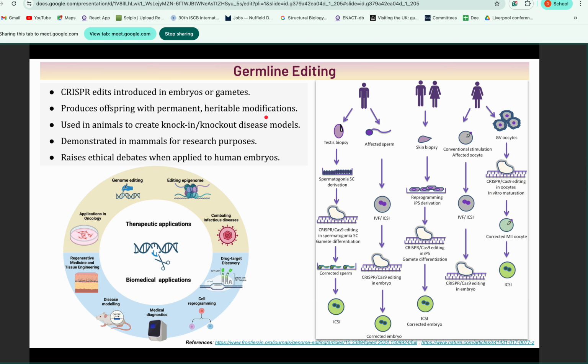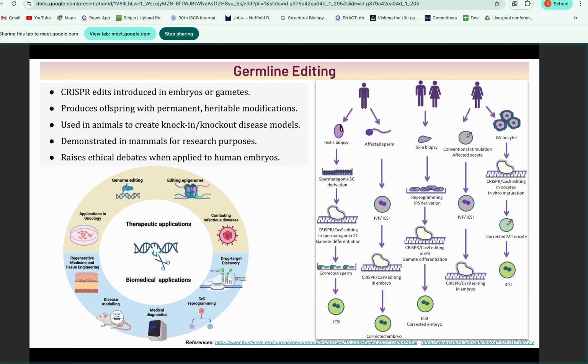So for example, if somebody's grandfather was suffering with sickle cell anemia, and now the father, when he was born, has undergone this CRISPR editing. So what has happened to that father is that the mutations in the gene are repaired at the level of the father.